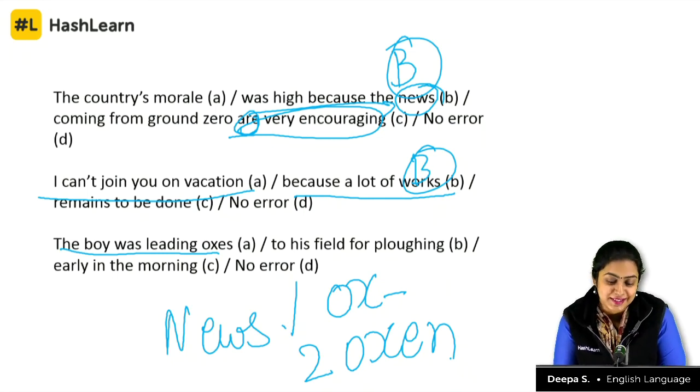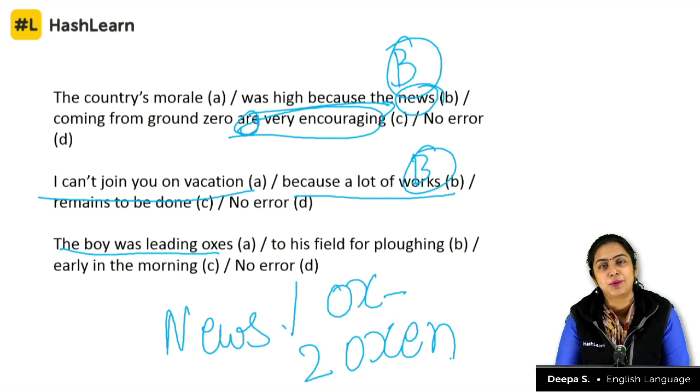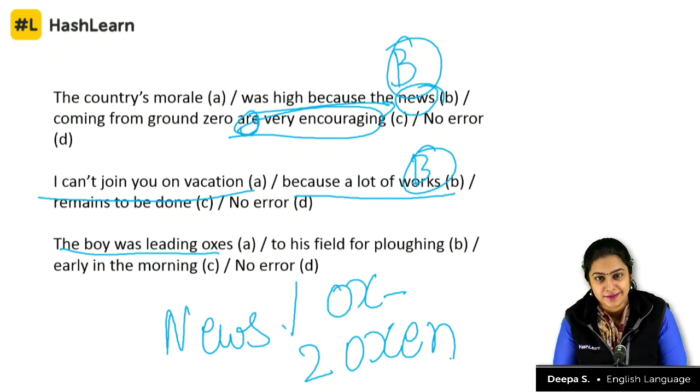That's entirely wrong. An ox by definition is always male, it's a working animal. And when you talk of a pair of ox entities, it becomes oxen. The plural form of ox is oxen.